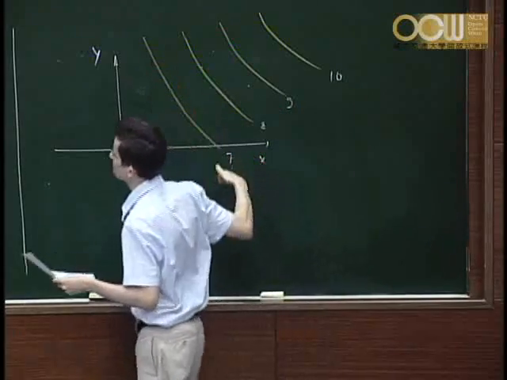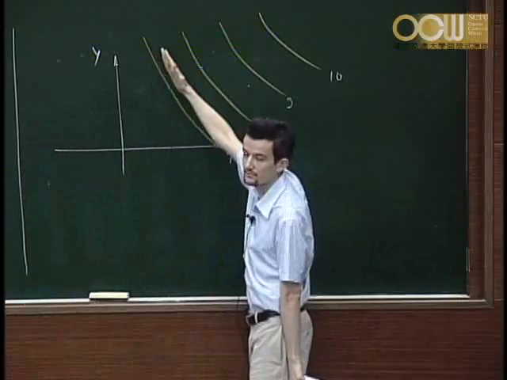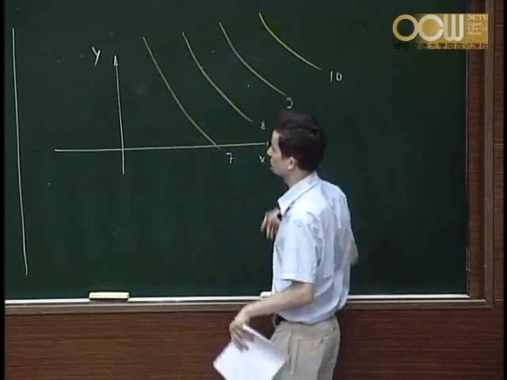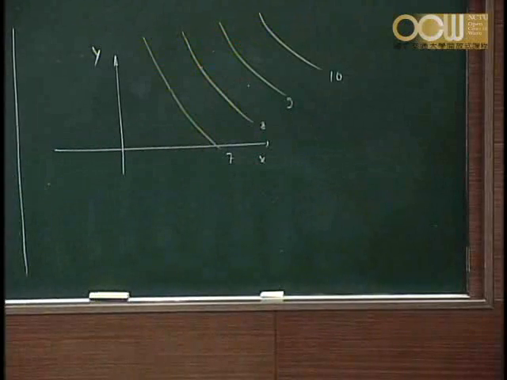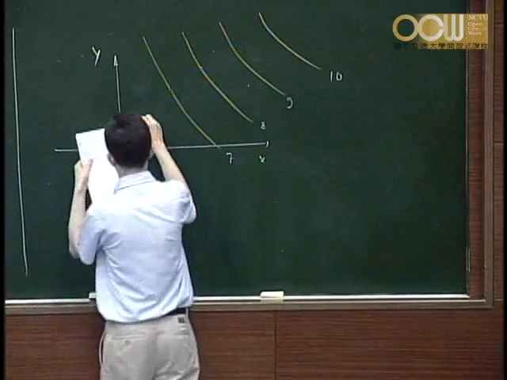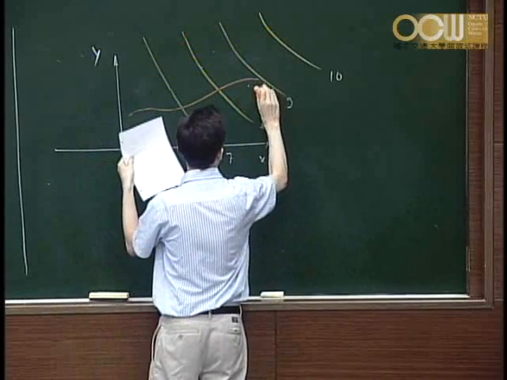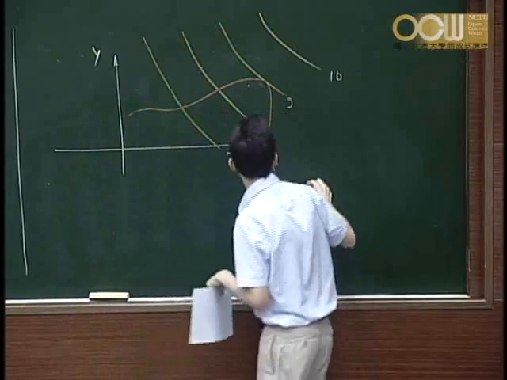Here everywhere the function f has the same z value, which is 7. Here the function has the same value, which is 8, and so on. So these are the level curves of f. And I also plot, let's say, this is our curve C.